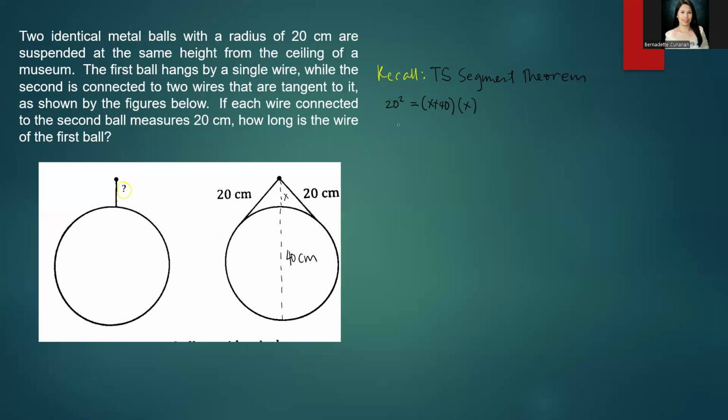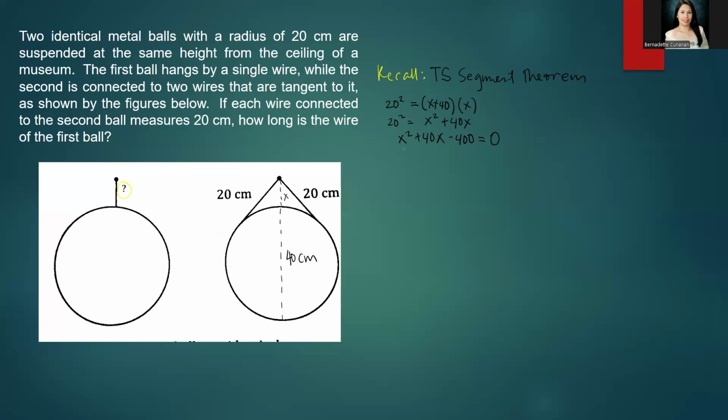So simplifying the equation, we have 20 squared and then we multiply the right side. So we have x squared, x times x is x squared, and then 40 times x is 40x. So placing everything on the left side, equating the equation to 0, we have x squared plus 40x minus 400 equals 0.